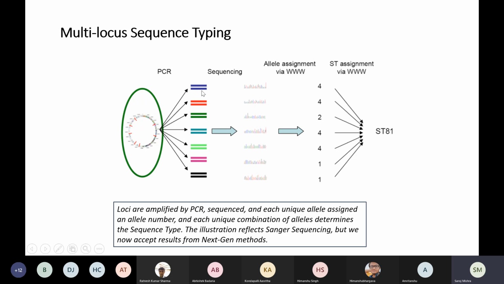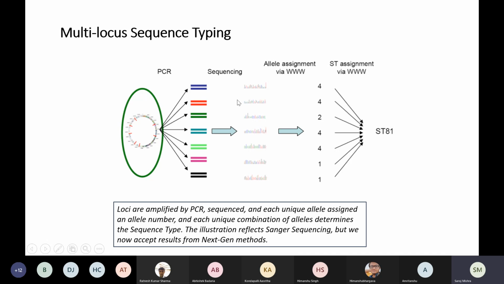What is the identity of this? It is assigned a certain number, which is 4. Then the second DNA fragment I have identified is here, and I sequence it and find that it can be assigned this particular allele number, because there are only so many variations present. So I assign it to allele 4 or variation number 4.